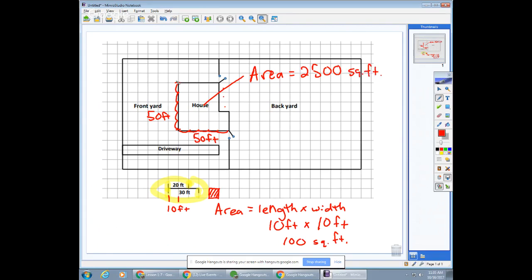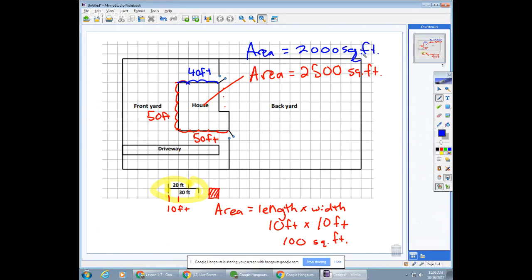An underestimate would be to look at this side over here and say that's 10, 20, 30, 40 feet that direction. So an underestimate for the area of the house would be 40 times 50. 4 times 5 is 20, throw the two zeros on the end, so 2,000 square feet.